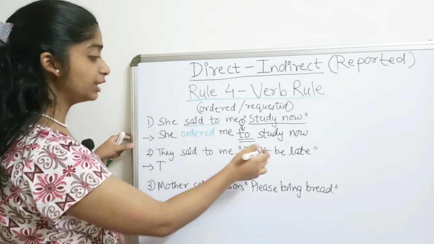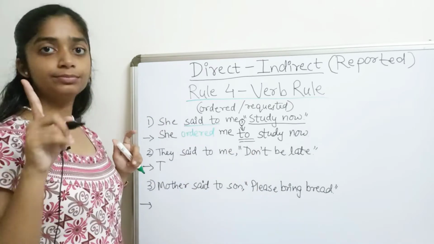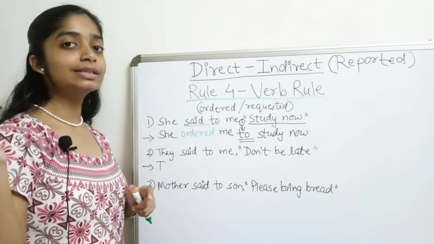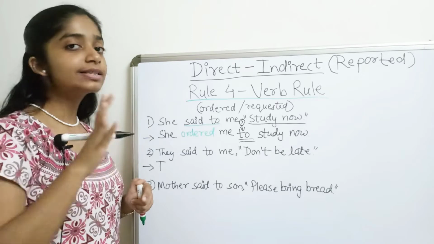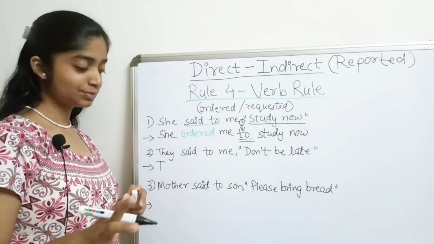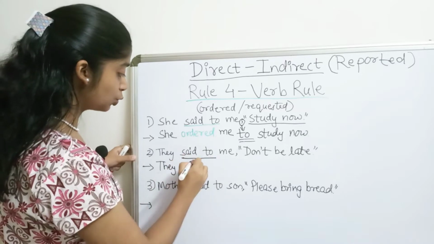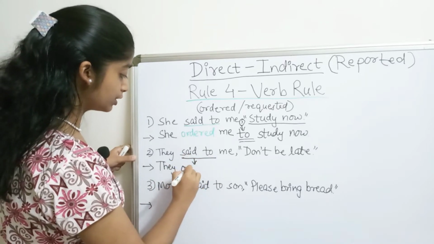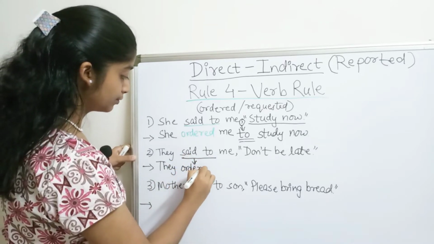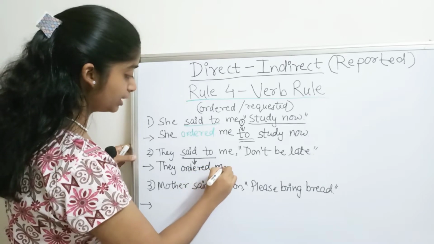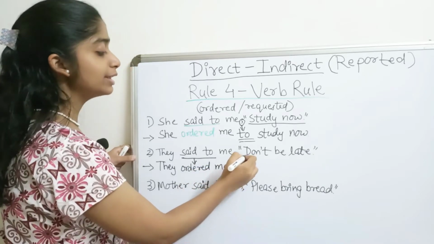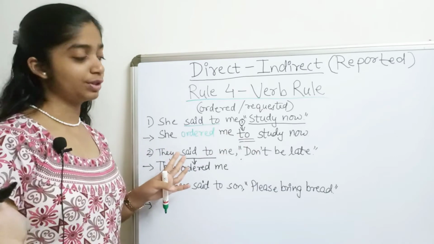Let us move to the next one. They said to me, don't be late. This is again an order. It is not a request. So they said to will change to ordered. They ordered me. Now this one is a little bit different.